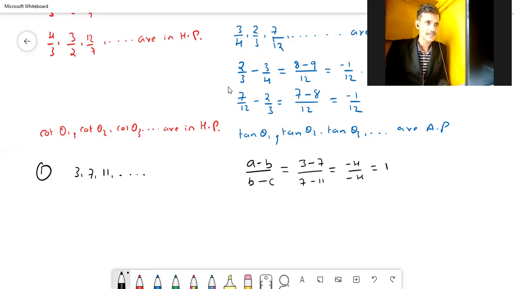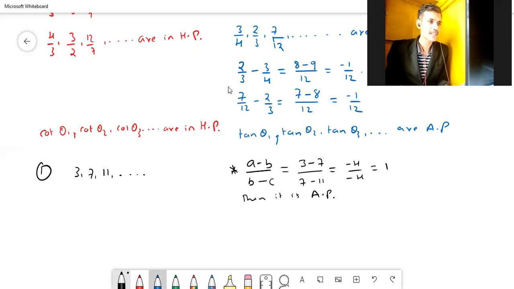You have to remember this: if a minus b upon b minus c is 1, then it is an arithmetic sequence or arithmetic progression. See, clearly it is there.